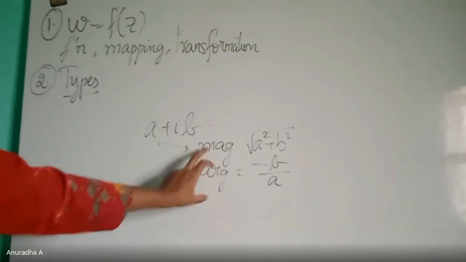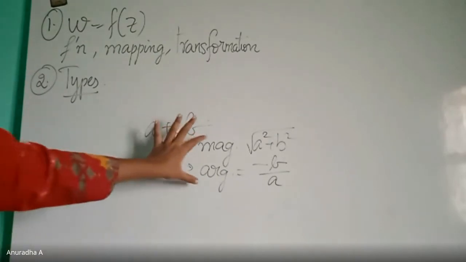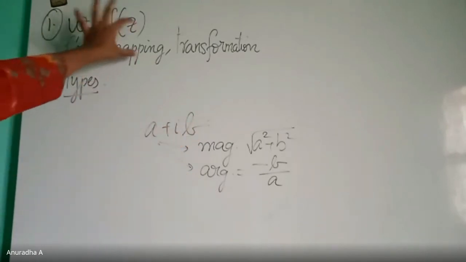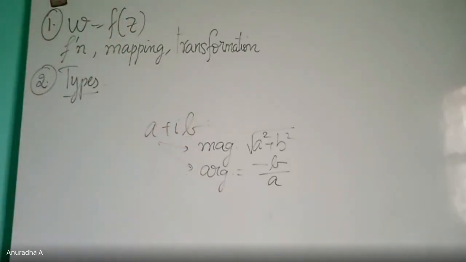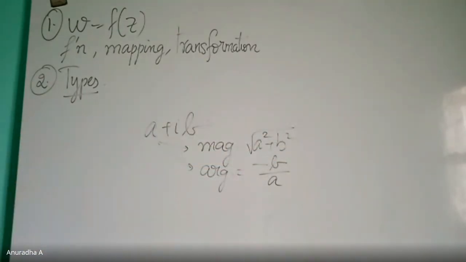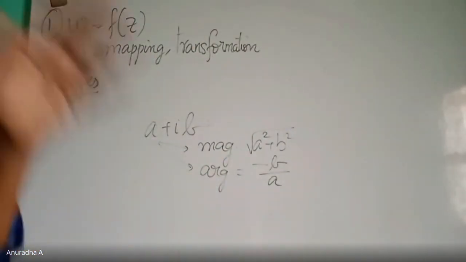Magnitude and argument, two parameters we can link to any complex number in general, whichever domain it is. Using these two parameters, we are going to classify these transformations. Like in vectors, we sometimes talk about the same vector where only the direction changes, or the magnitude changes but the direction stays the same.